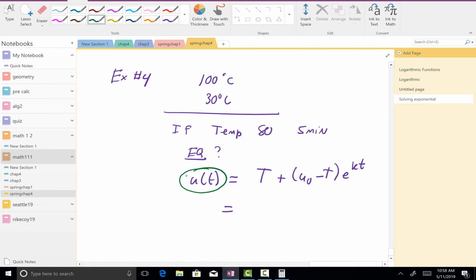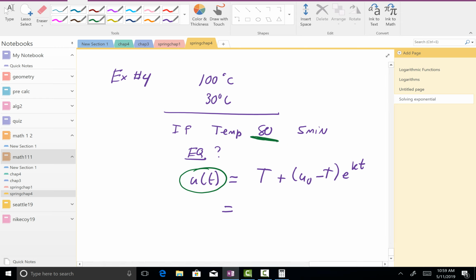All right. Big T, remember, is the temperature of the surroundings. What's the temperature of the surroundings? 30. Okay. Plus u of 0 is the original amount. What was the original temperature? 100 minus, okay, here's big T again. We already got that.